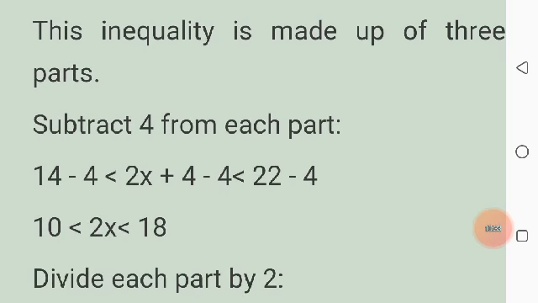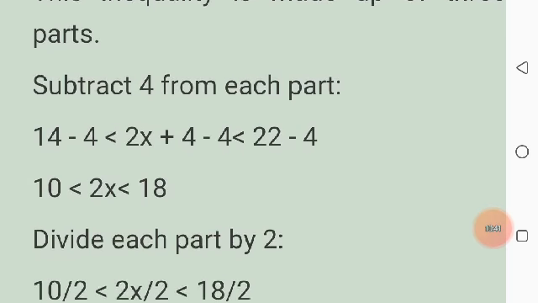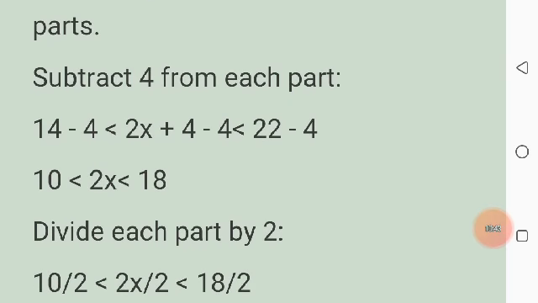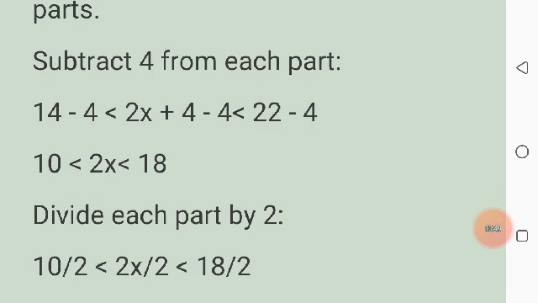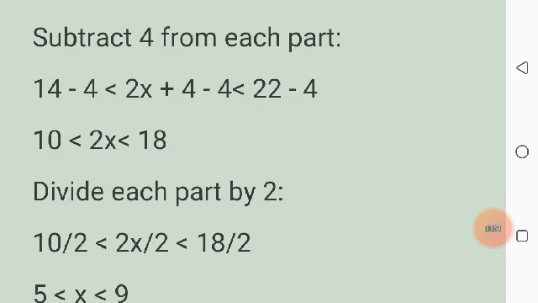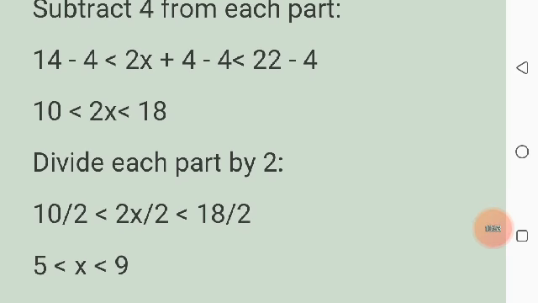So next is to divide each part by 2 so that it remains only x. So you have 10 divided by 2 is less than 2x divided by 2 is less than 18 divided by 2, and that will finally give us 5 is less than x less than 9.